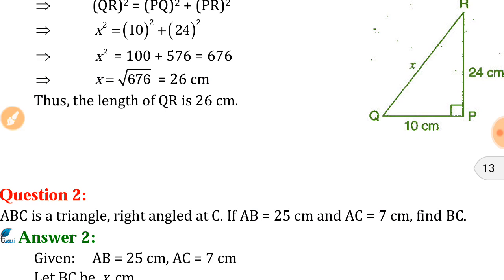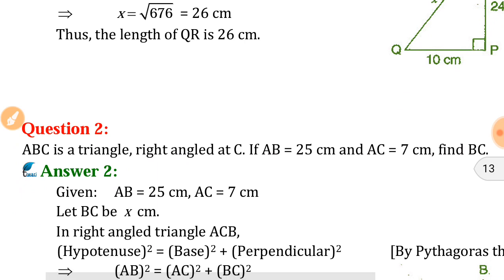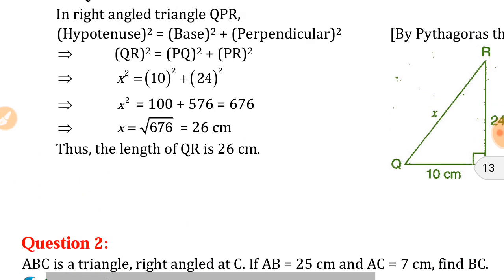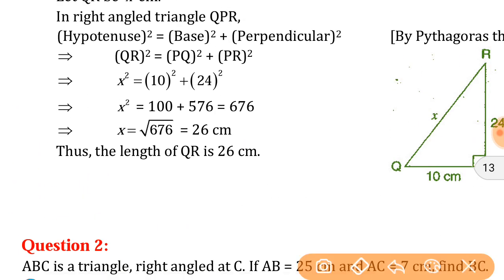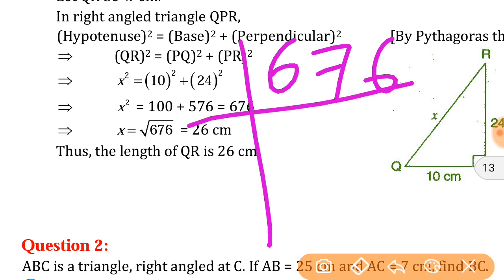So the length of QR is 26. If it doesn't come directly, how can we find it? I want to show how, without calculation.